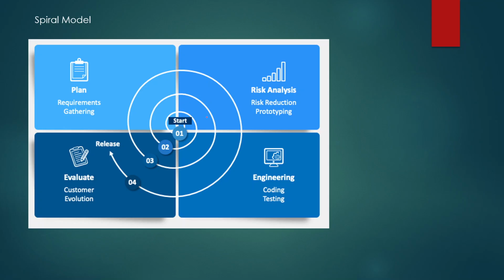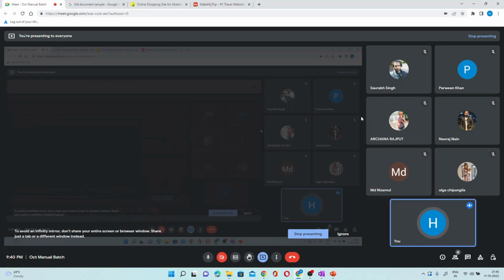Now what is a spiral model? A spiral model is basically where we create a prototype. Everyone knows what a prototype is. A blueprint, exactly. So they will create a blueprint of any software.